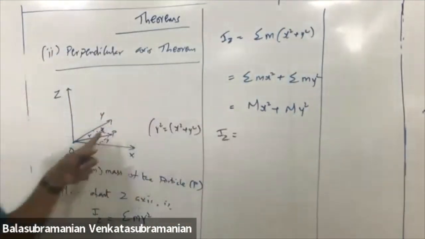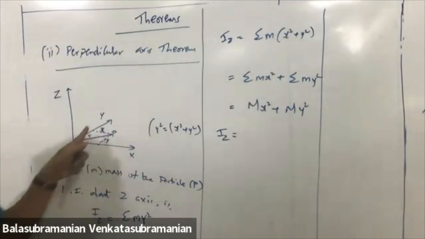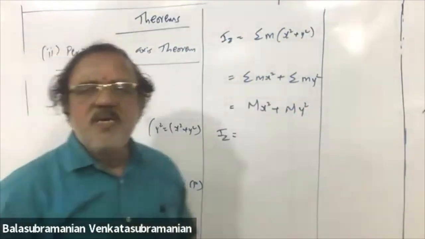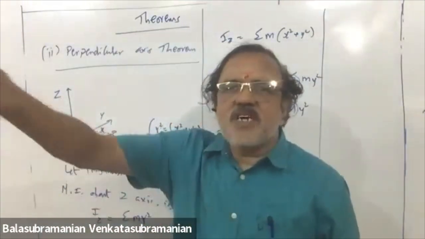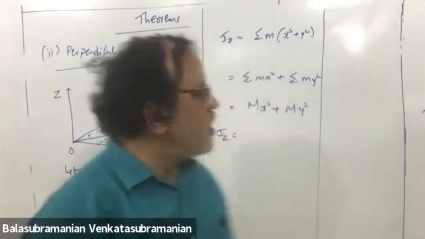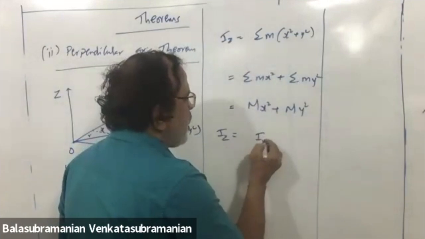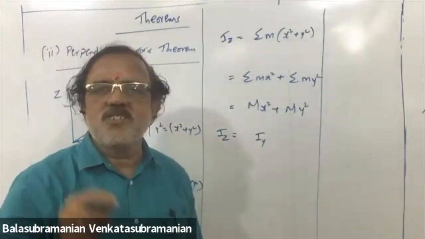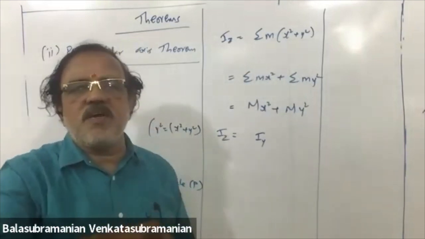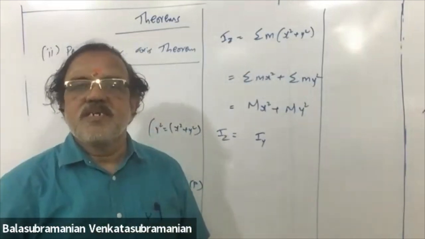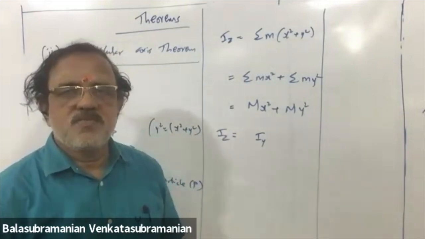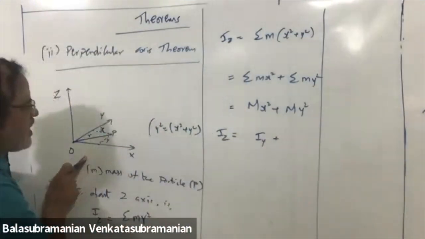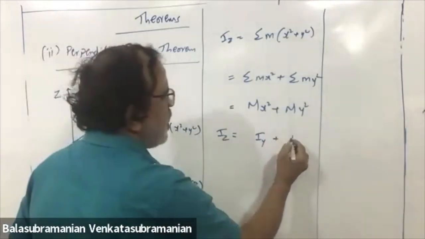X is the distance from the y-axis, mass into distance square. The y-axis is the axis of rotation, so it will be Iy. You cannot write it as Ix because we have to calculate distance from the axis of rotation, the distance from the y-axis. So Iy. Y is the distance from the x-axis, so it will become Ix.